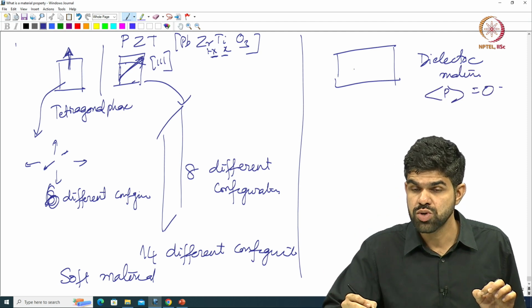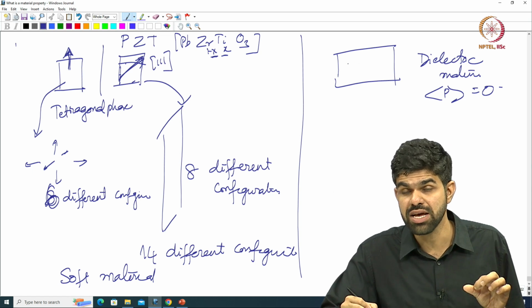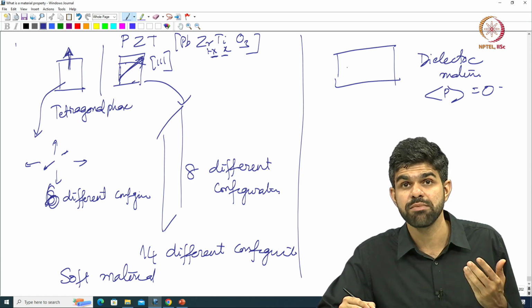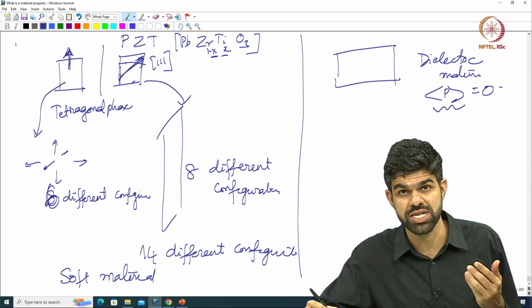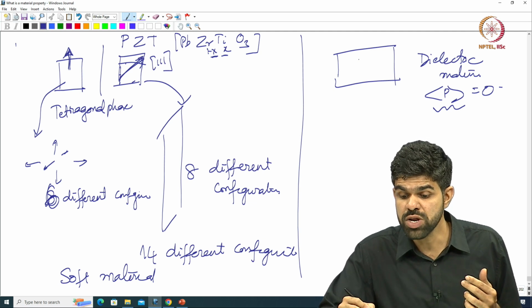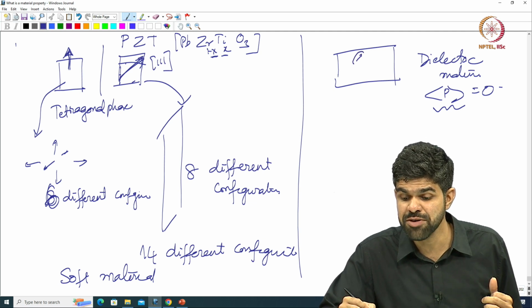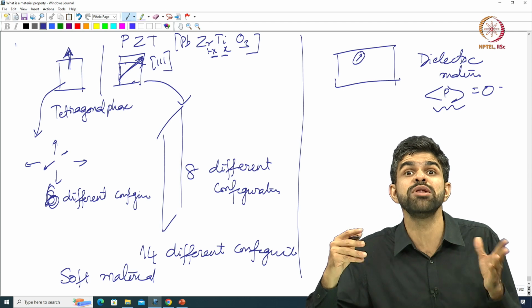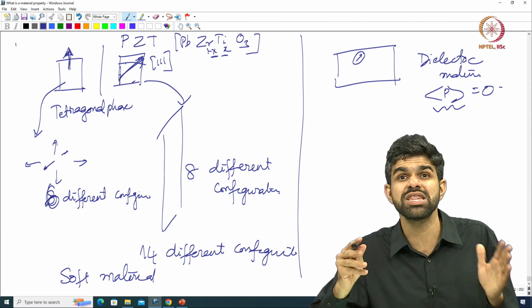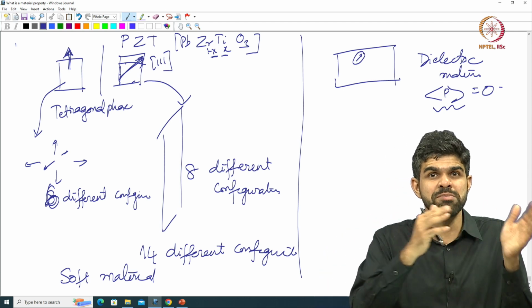But if I polarize the material, I can apply an electric field and still change the value of average polarization. I can polarize the material in a certain direction, and that is a stable polarization configuration. That configuration exists, it is one of my microstates.